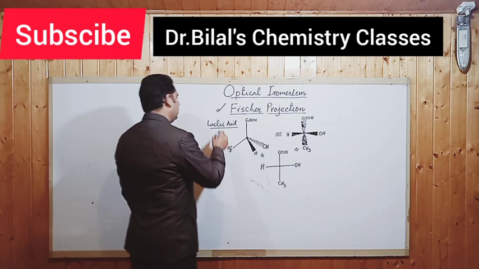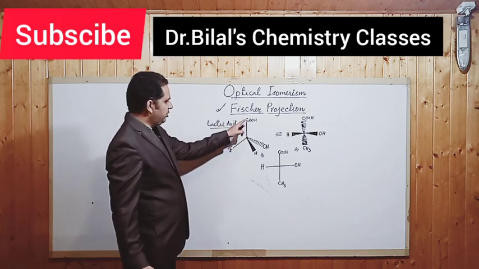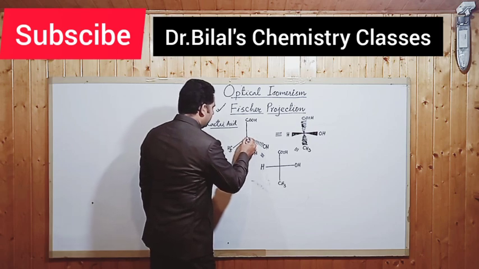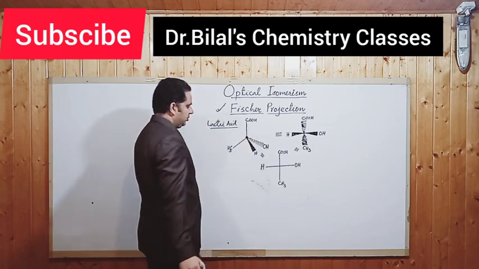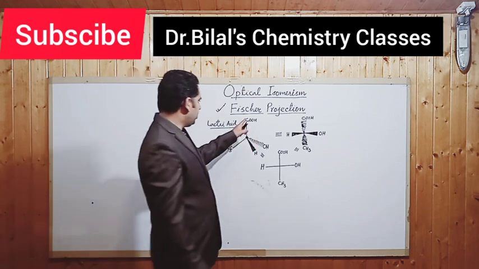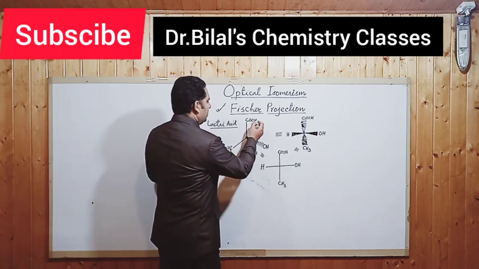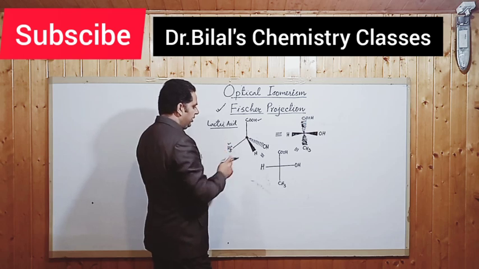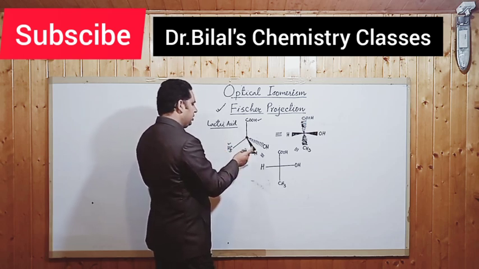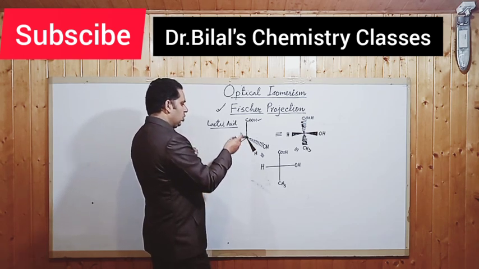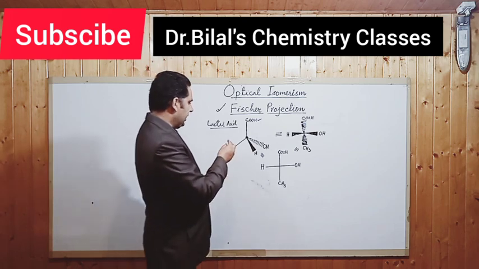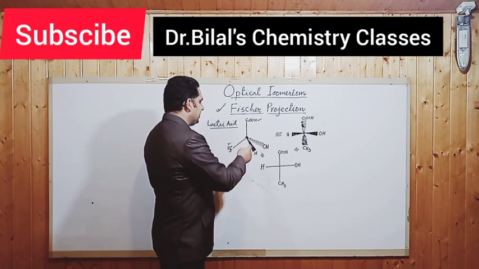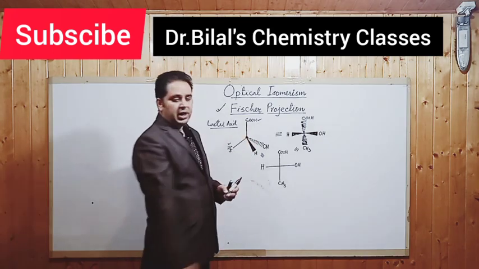And here I have shown it in the 3D form, where you can see the two groups, the carboxylic group and the methyl group, they are on the plane. What is happening to the hydrogen? Hydrogen is coming out of the plane, whereas the hydroxyl is getting into the plane.